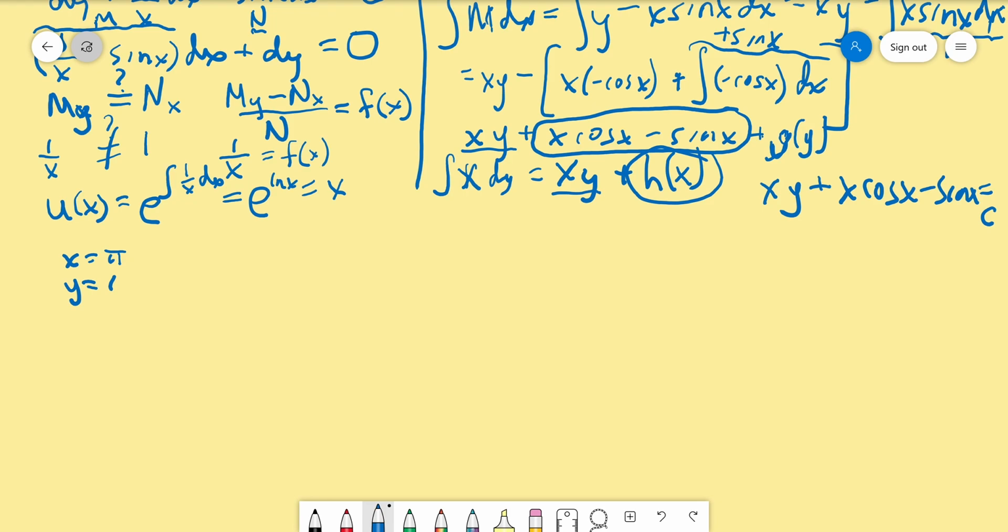Well, let's see. Pi times 1 plus pi times cosine of pi minus sine of pi equals c. Well, what's c then? Pi times 1 is pi. Pi times cosine of pi. Cosine of pi is negative 1.